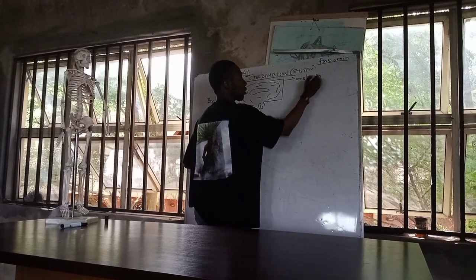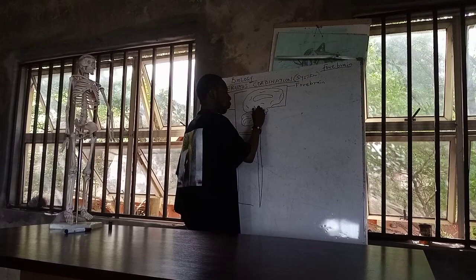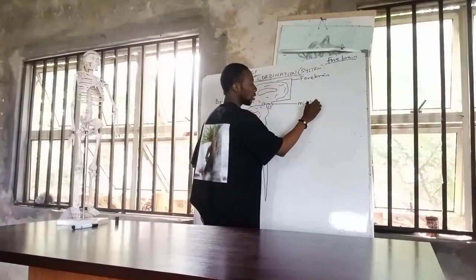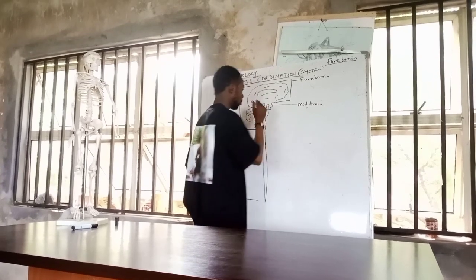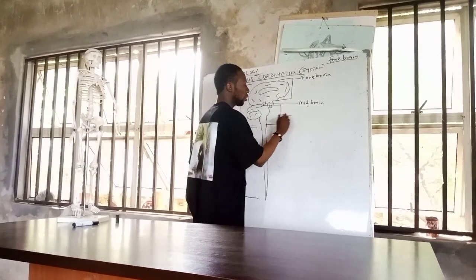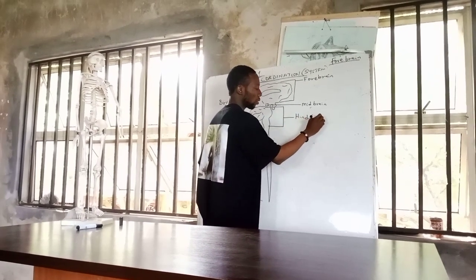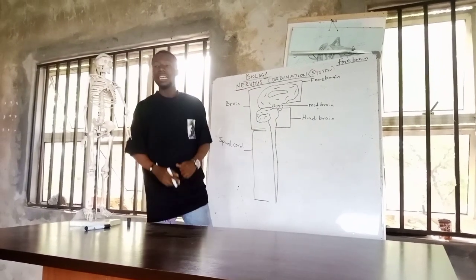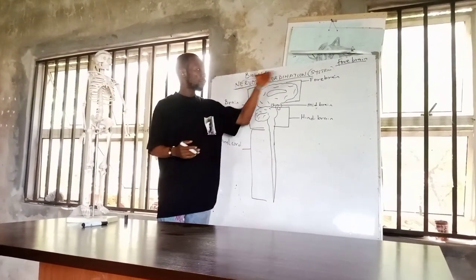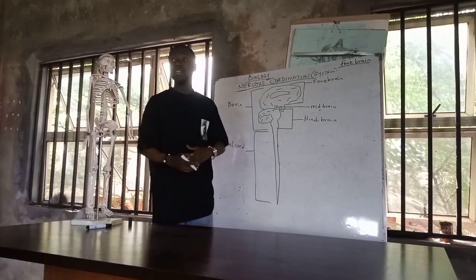Then here we have the midbrain. And then here, this is the hindbrain. These are the 3 different levels of the human brain: the forebrain, the midbrain, and the hindbrain.